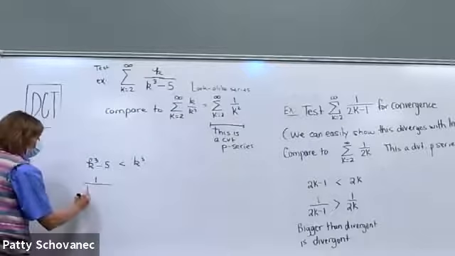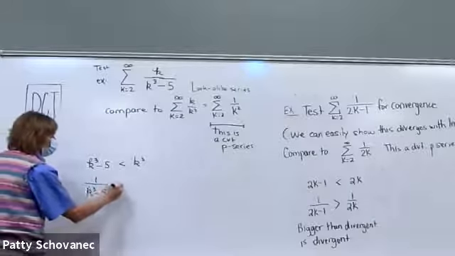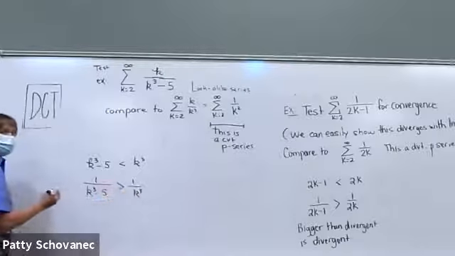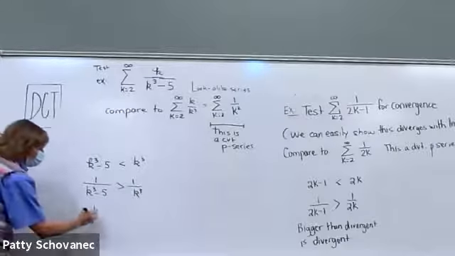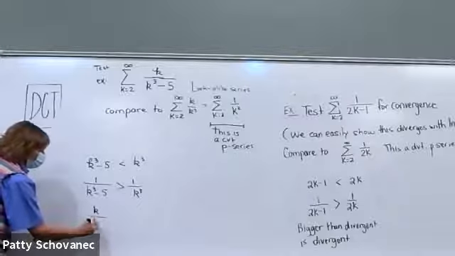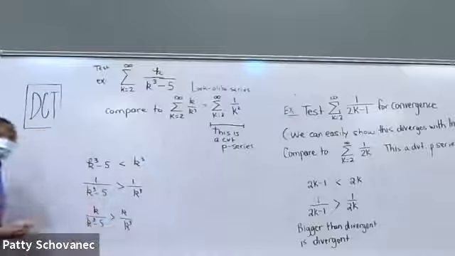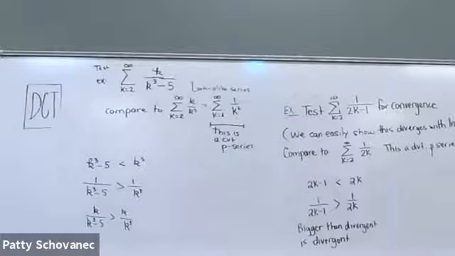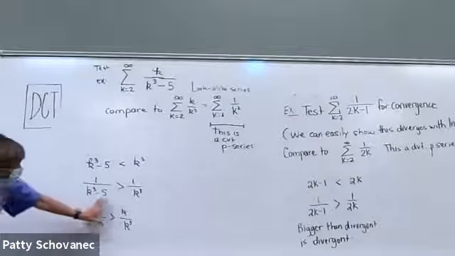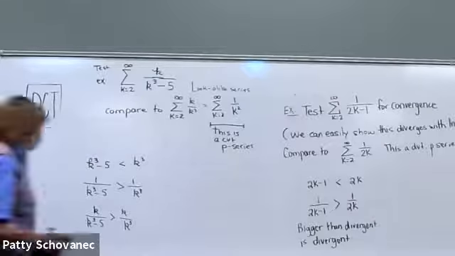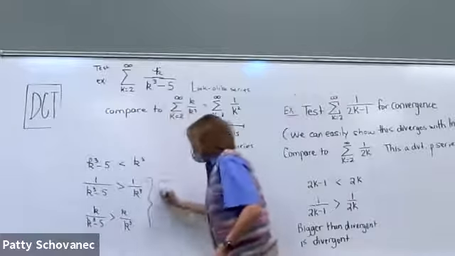So 1 over k cubed -5 is a bigger number than 1 over k cubed. And now if I multiply both sides of that inequality by k, I see that my direction goes the wrong way to apply the direct comparison test. The terms in my series are bigger than convergent. And there's no part of the direct comparison test that says bigger than convergent is convergent. We don't give up. We can't use the direct comparison test.